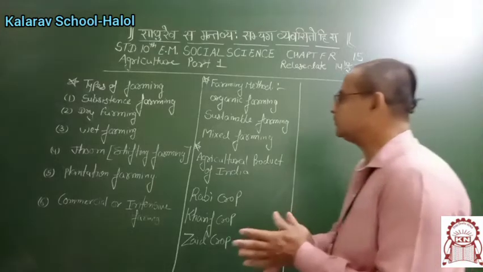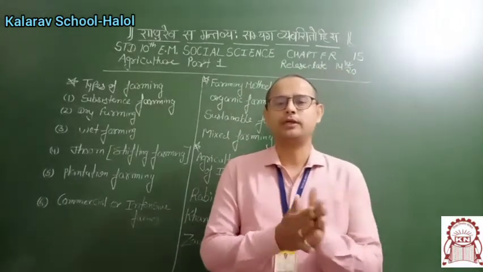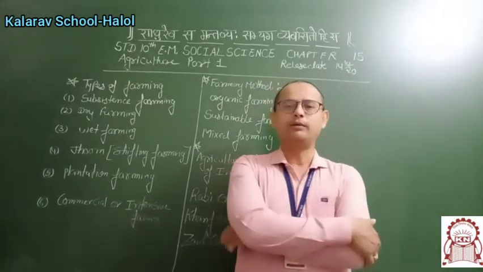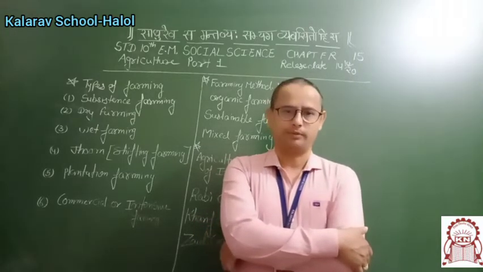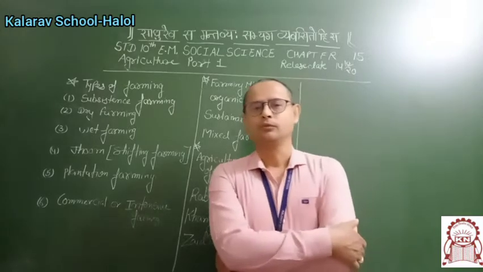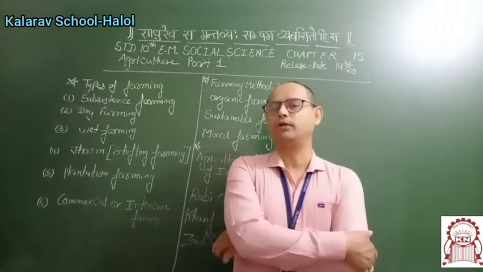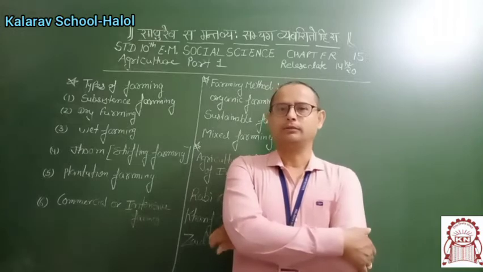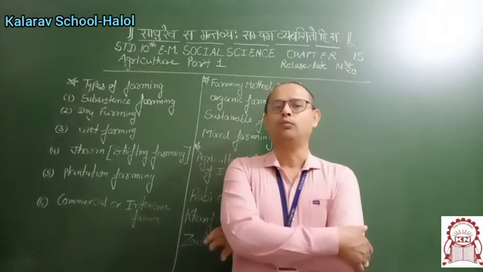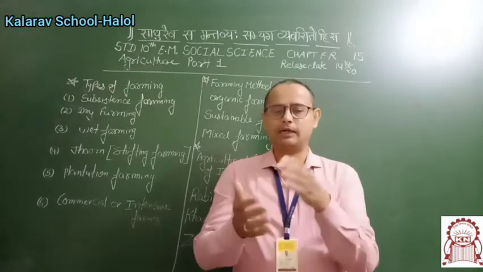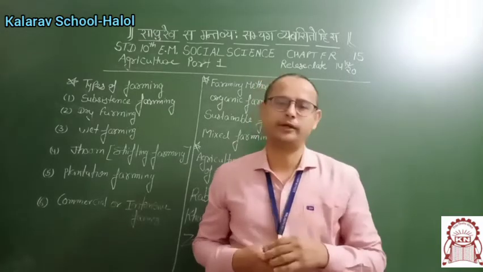So, first one is subsistence farming. The meaning of subsistence farming is that farming takes place for livelihood, not for commercial purpose. You know very well, India is a highly densely populated country, and there is subdivision of land due to the larger population, and the sub parts of land are not sufficient to grow more crops, because as land becomes smaller and smaller, the production level decreases continuously.